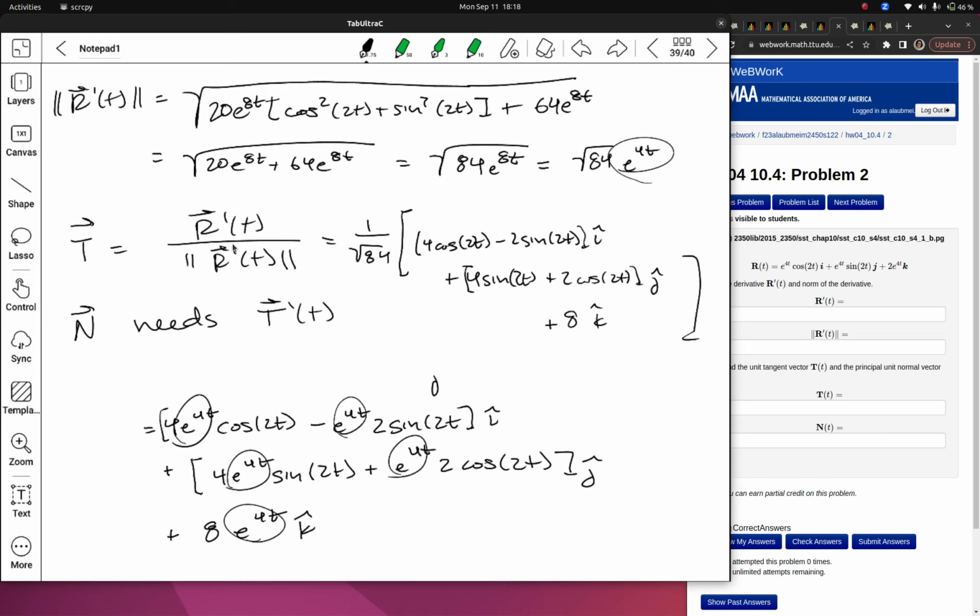And so you're just left with that extra number from the magnitude, and then your i hat, j hat, and k hat components of t simplify to pretty much only these trig functions and constants. And so in this form, it's a lot easier to take t prime to get n than it would be to take anything else, really.